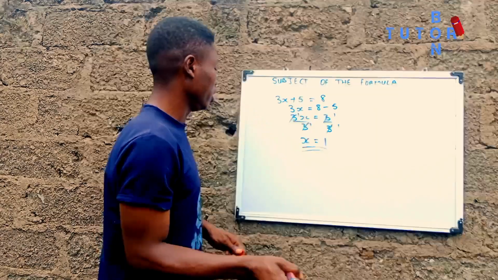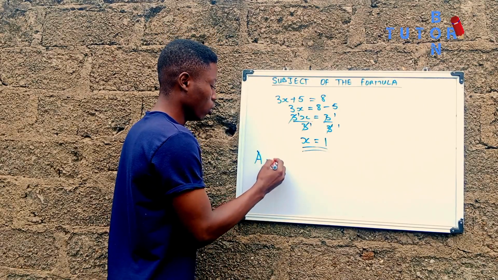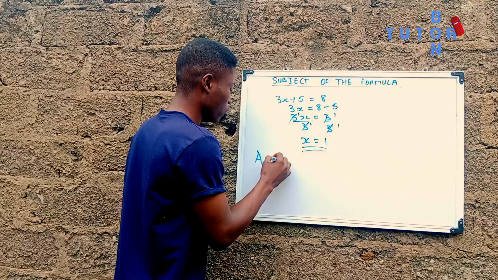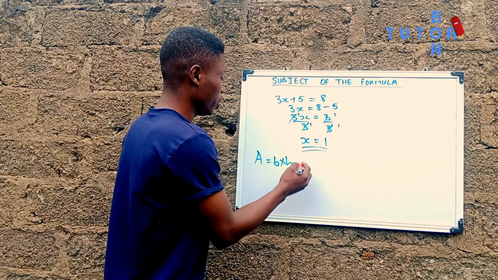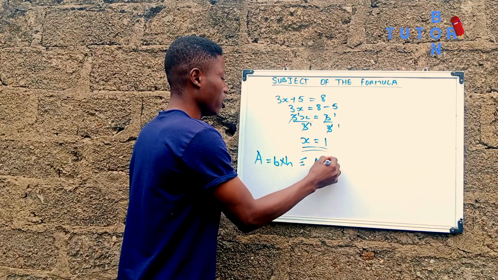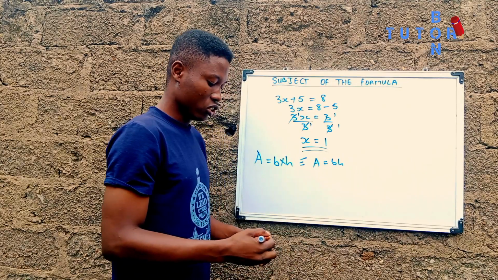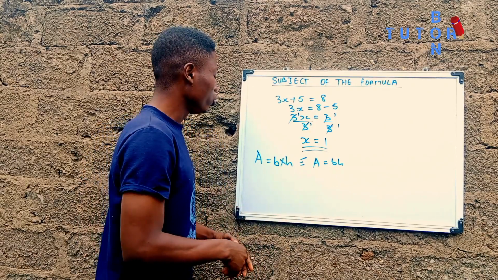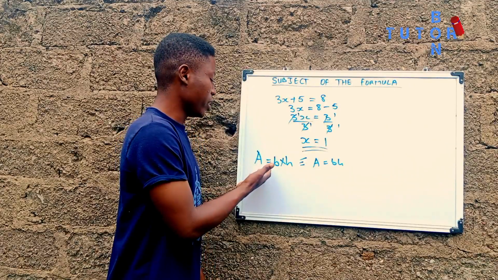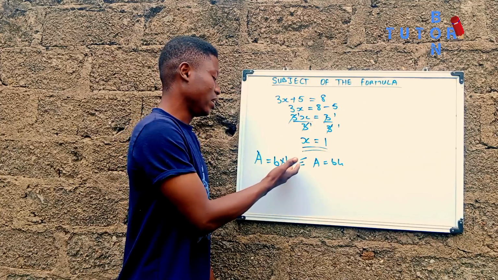Let's take the area of a rectangle. For example, we have a equals to b multiplied by h, which can also be written as a equals to bh. In this question, you have a being expressed in terms of b and h.